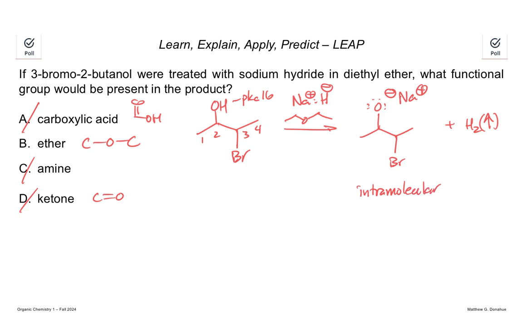So the O minus is the nucleophile. It's attracted to that carbon bearing the leaving group. So it's going to form this ether, which is called an epoxide.